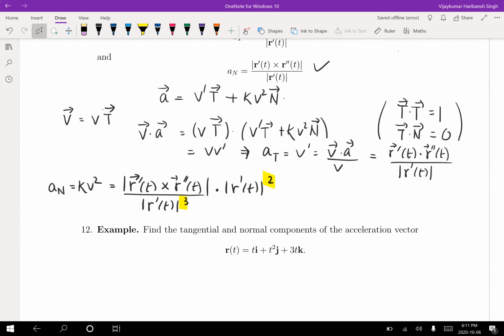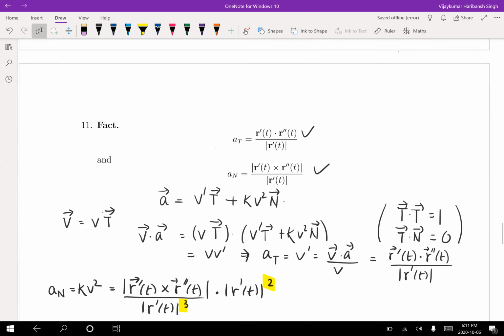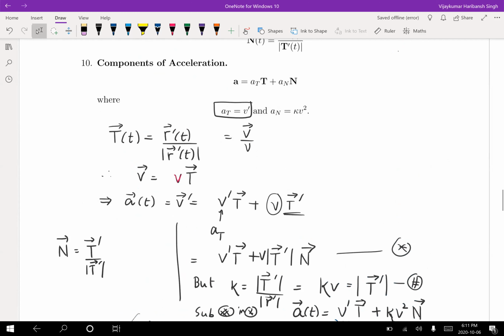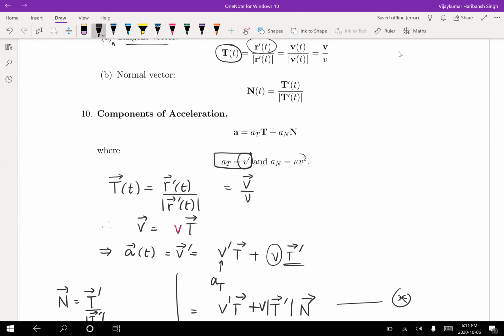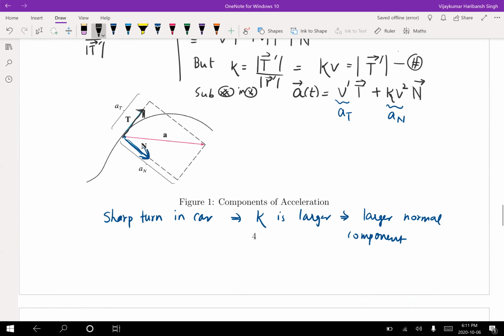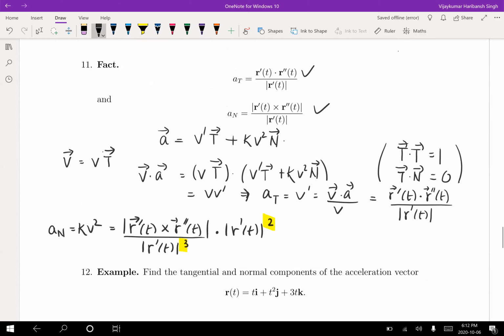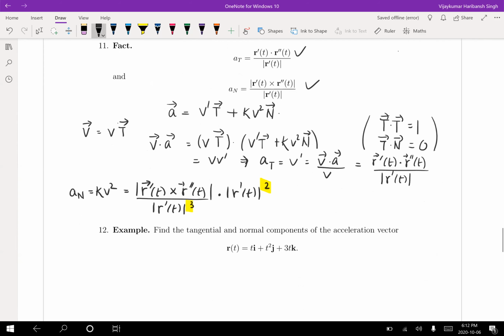So let's work on the following problem. You have r(t) = (t, t squared, 3t). We want to find out the tangential and the normal component. So which one will be easier? Either we can go about computing v prime and k v square, for which we'll have to compute the curvature, or we can use the following formula from here. In this case, we need to compute r prime and r double prime.